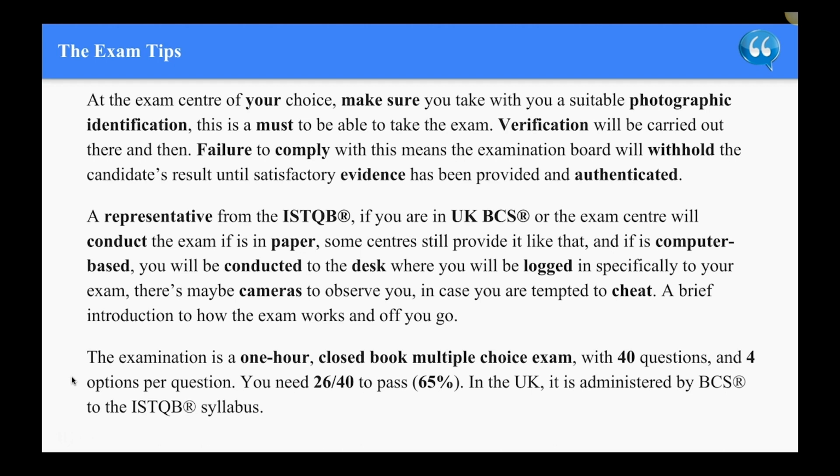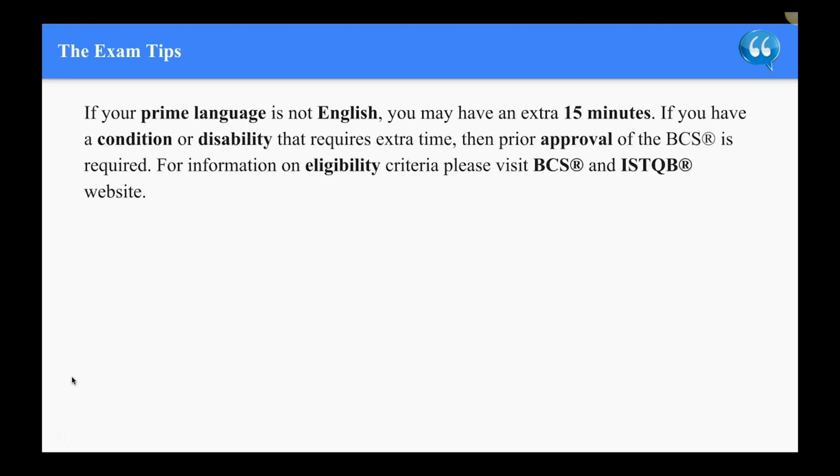In the UK, it is administered by the BCS to the ISTQB syllabus. If your primary language is not English, you might have an extra 15 minutes. If you have a condition or disability that requires extra time, then prior approval of the BCS is required. For information on eligibility criteria, please visit the BCS and ISTQB websites.